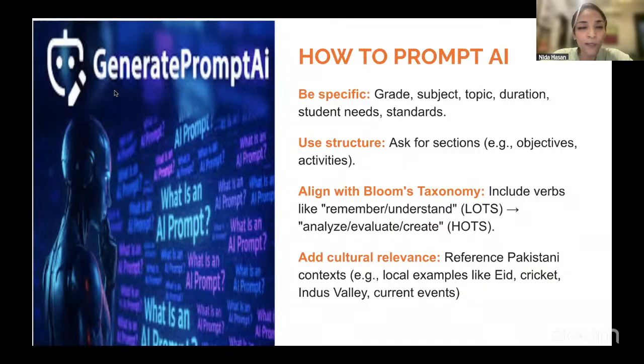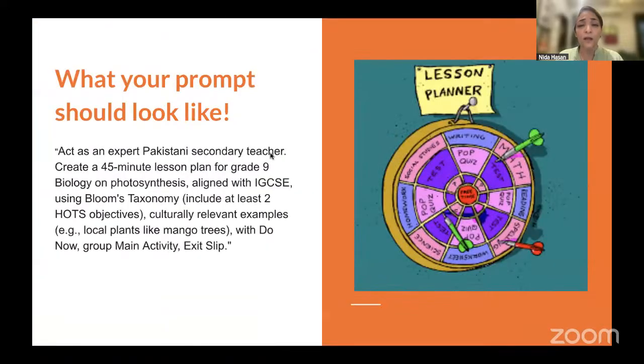You can even be as specific as to give examples which are specific to certain communities in Pakistan, the Sindhi culture, the Punjabi culture. So these specifics are what make the prompt give you a lesson plan which will allow you to tailor the plan according to your needs.